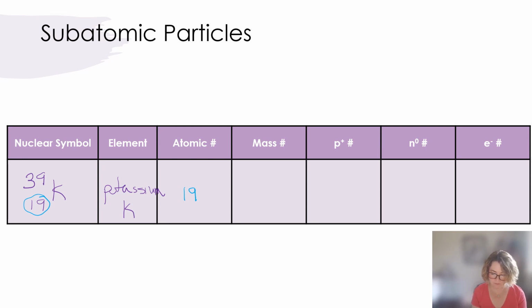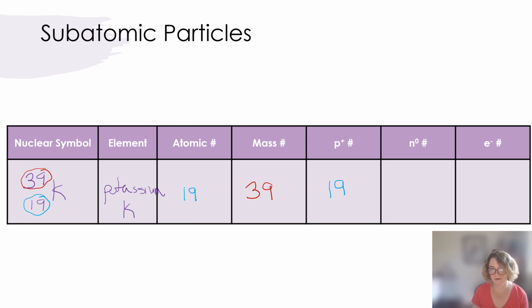Mass number is given to you as a superscript on the left hand side of the symbol, and so my mass number is going to be 39. Now remember that atomic number and number of protons is the same. Again, that gives that atom its identity, that's 19.